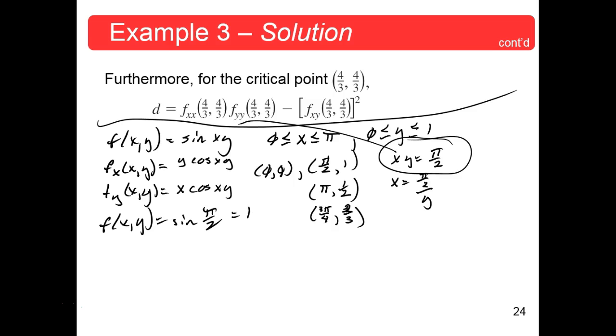Now, like I said, the other one was where xy is equal to 0, 0, and there the sine would be 0.